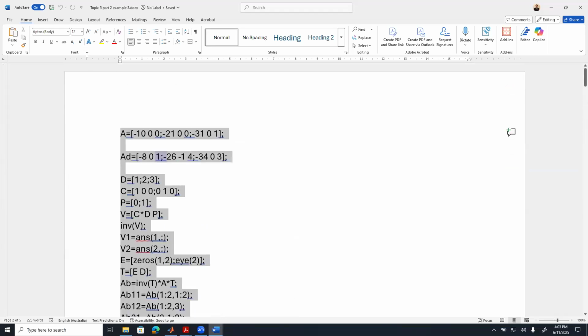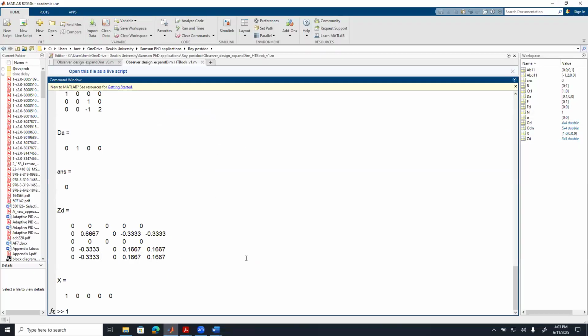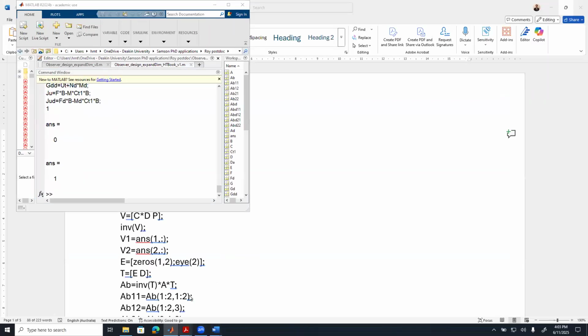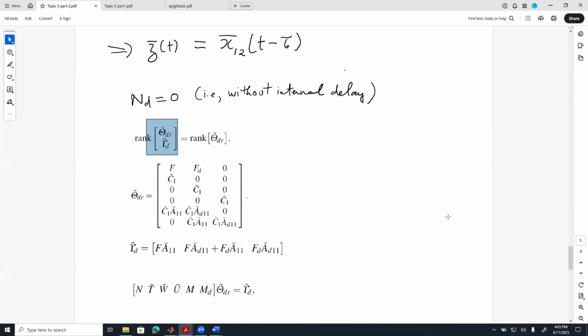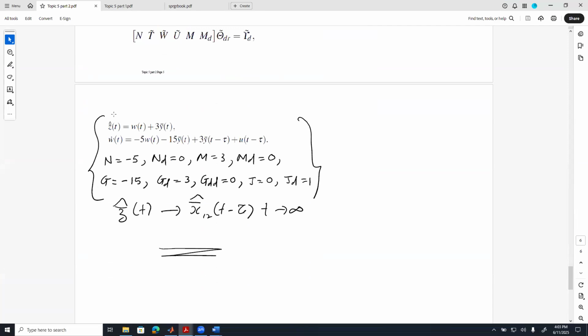And as you can see, it's done systematically. We follow the procedure, and then we obtain the answer where in here the observer parameters or the observer structure is given by this form in here.